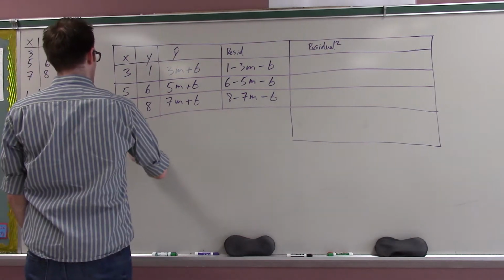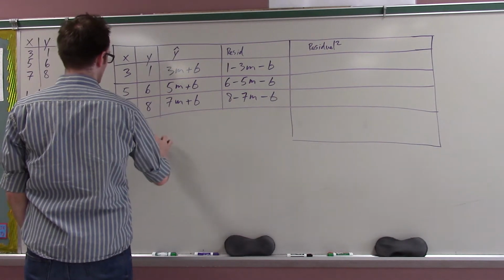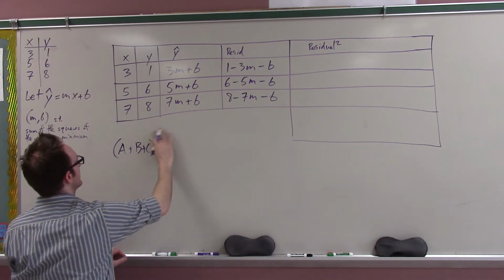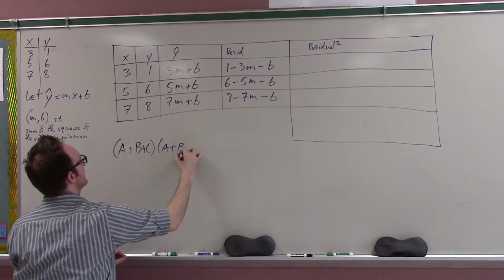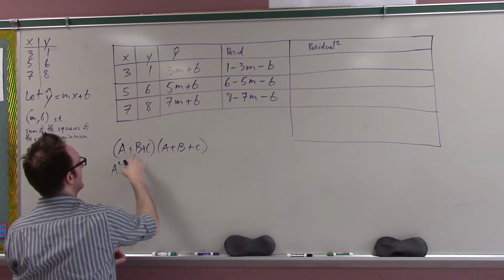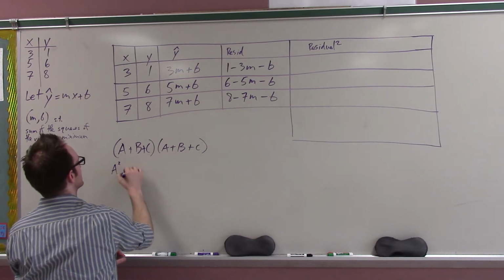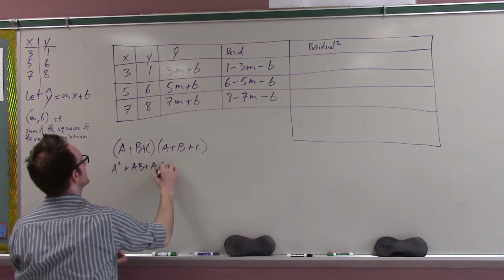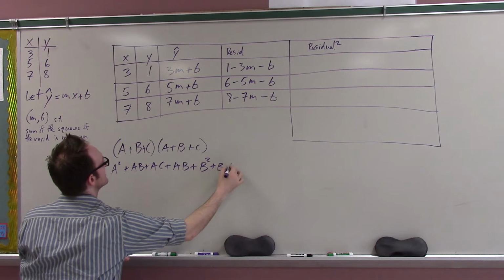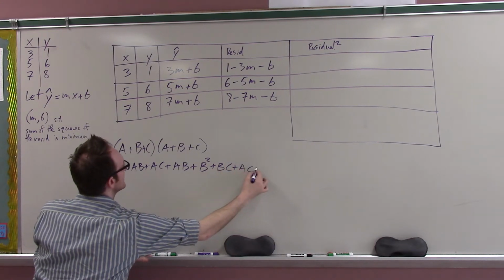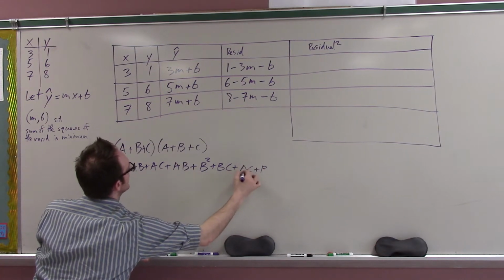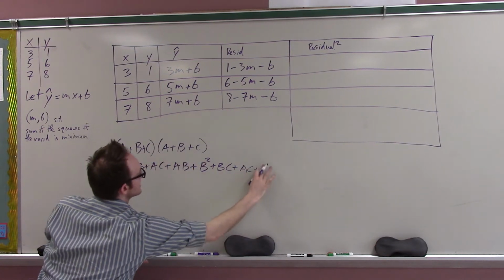Well, it actually helps to have a little formula handy for the square of a trinomial. If you multiply this trinomial, well, that's just a plus b plus c. So if you just do it out, you get a squared, plus ab, plus ac, plus another ab, plus b squared, plus bc, plus an ac, plus a bc, plus c squared.